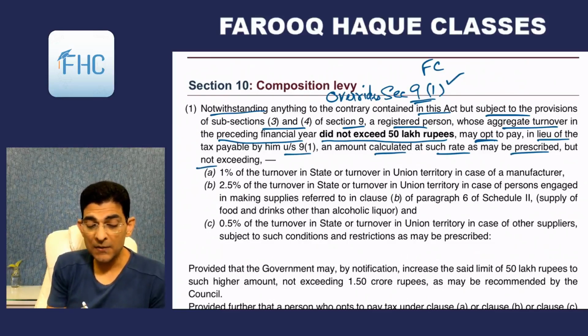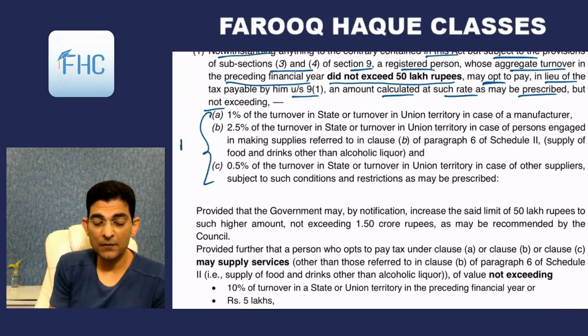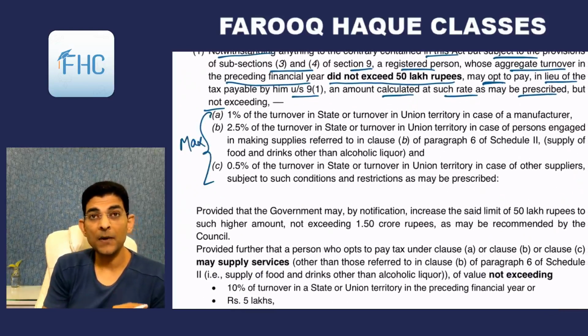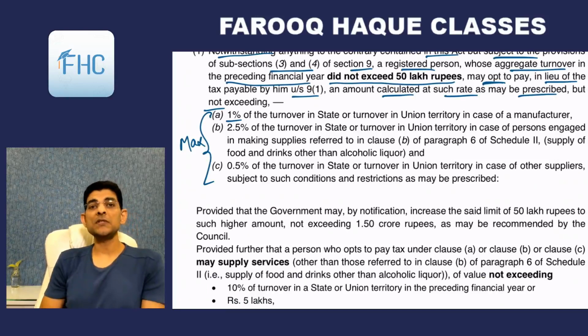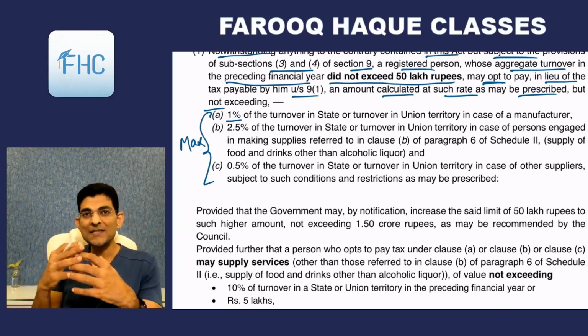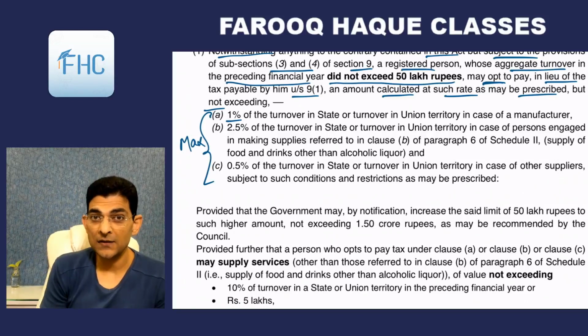But not exceeding means these are the maximum rates that can be prescribed by the government. Maximum rate is 1%, and this is for CGST. Okay, 1% is for CGST. So if you combine CGST and SGST, then it will become 2%. Okay, 1 plus 1, 2.